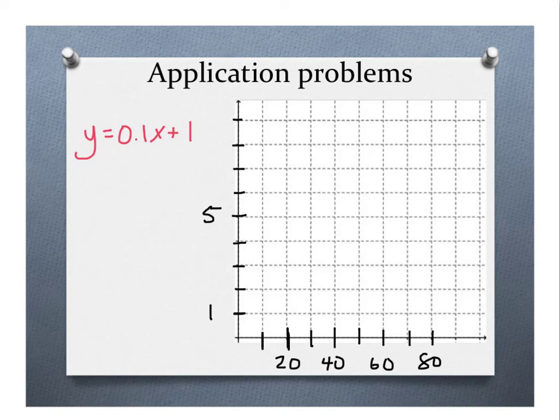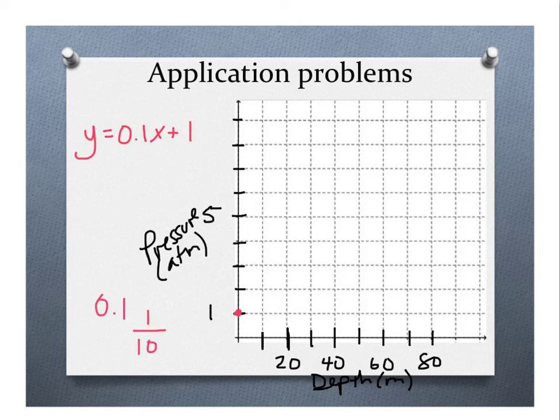But we've got the point. This side is pressure in atmospheres, and this side is depth in meters. Sorry, I know it's way on the bottom there. All right, so the y-intercept is 1, and the rate of change is 0.1. Now that is going to be difficult because that's 1/10. So a rise, well, if I think about it in terms of a fraction, it's a bit easier then, isn't it? A rise of 1 and a run of 10.